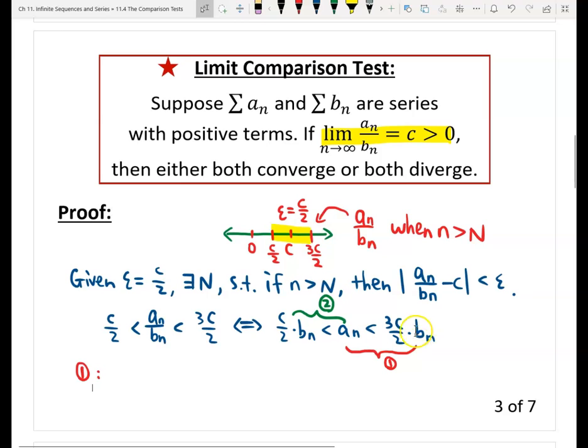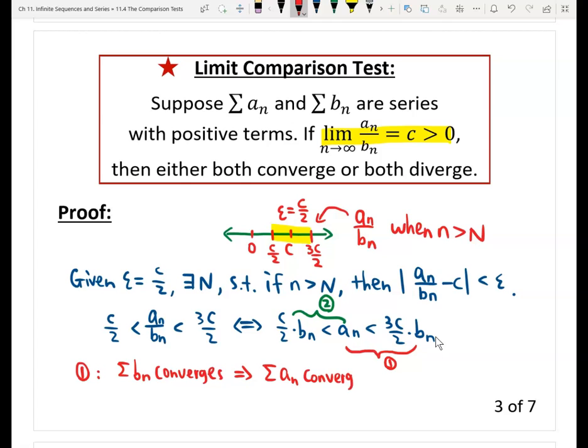We have that bn times a constant is greater than an. This constant positive number does not matter, right? So if bn, the larger one, converges, then the smaller one will converge too. Let me write this. Based on the first one, if bn converges, we can find that an converges.